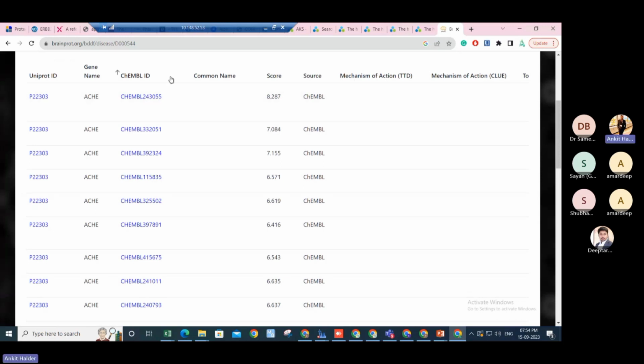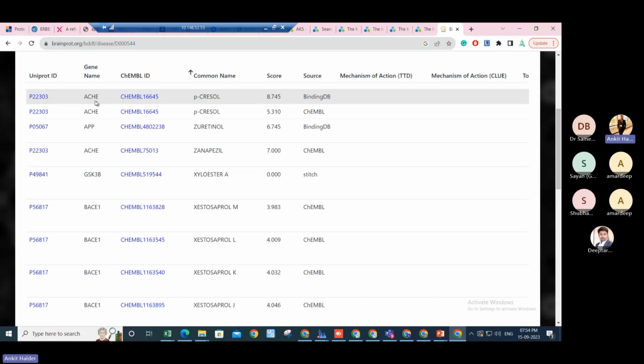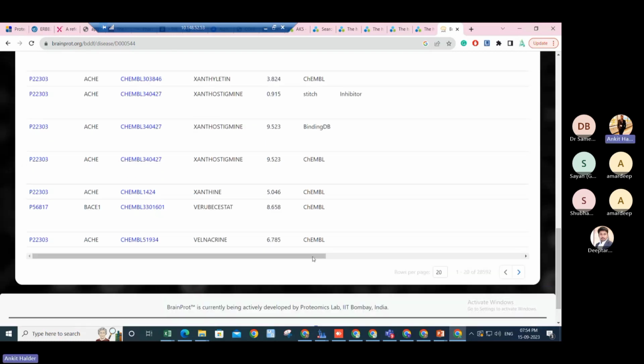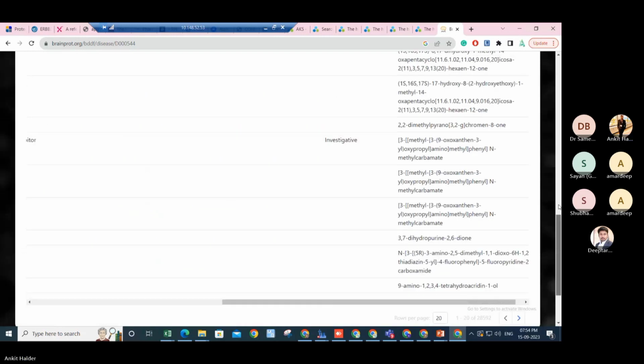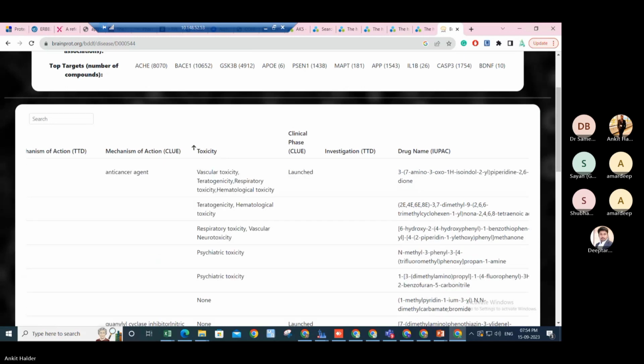So here you can see, for example, for this particular gene name or compound, what top markers have come. You can get the ChEMBL ID, the drug name, the score, the clinical phase, and the toxicity, whether any toxicity is reported against that particular molecule.